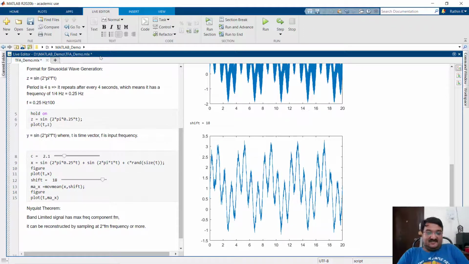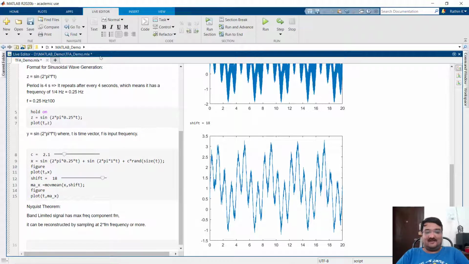What it says is, you have a signal which has a frequency Fn, and then there is something called sampling. Sampling is, I should not say a conversion, but a process to discretize the continuous signal.